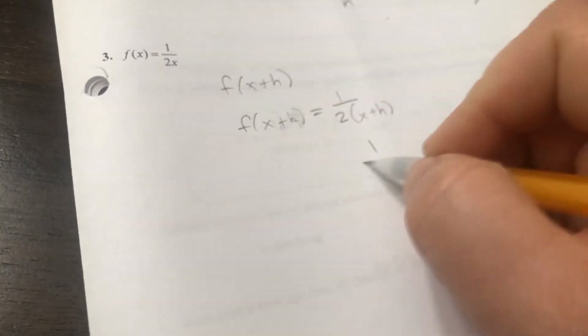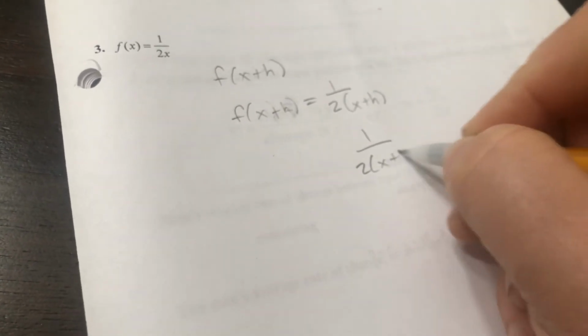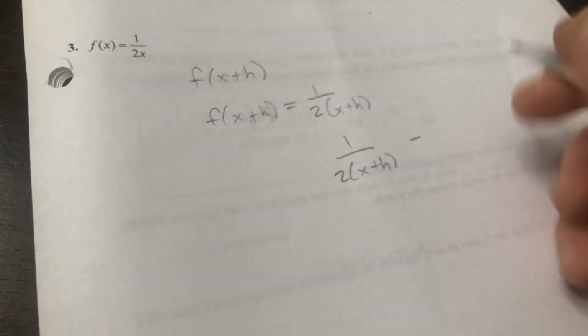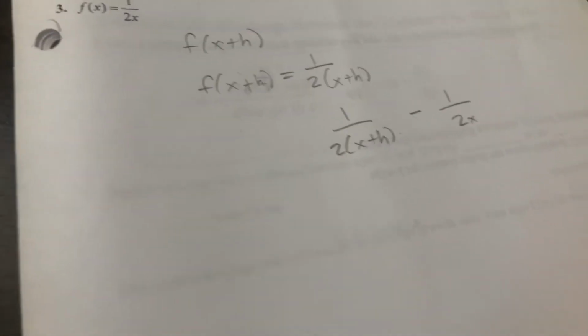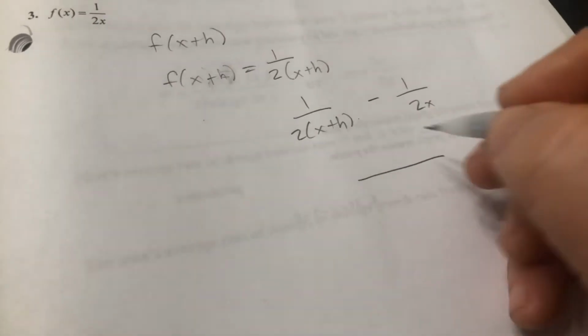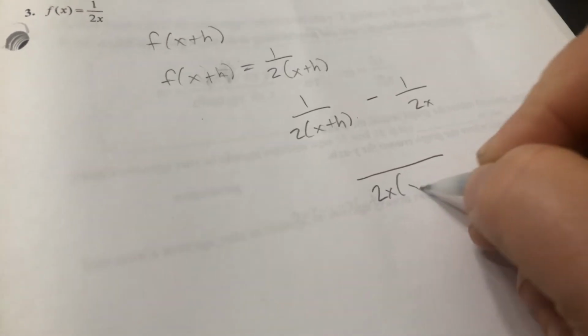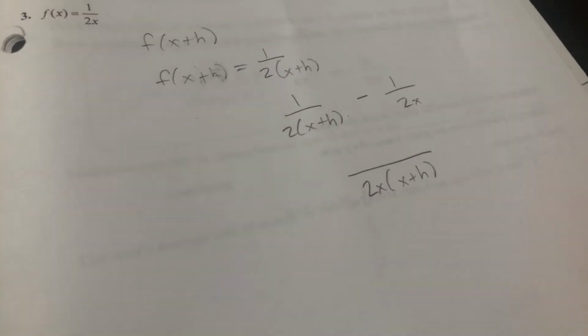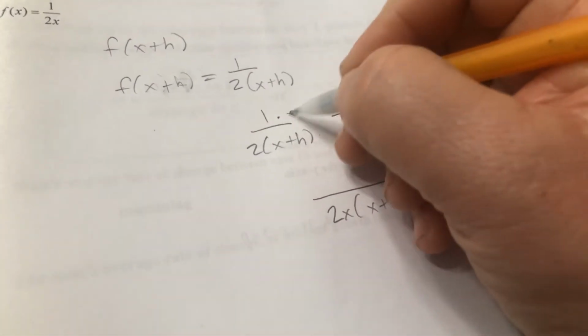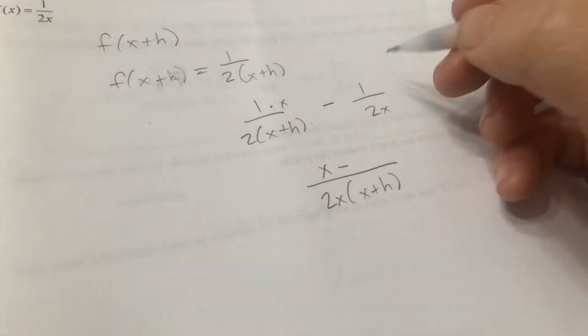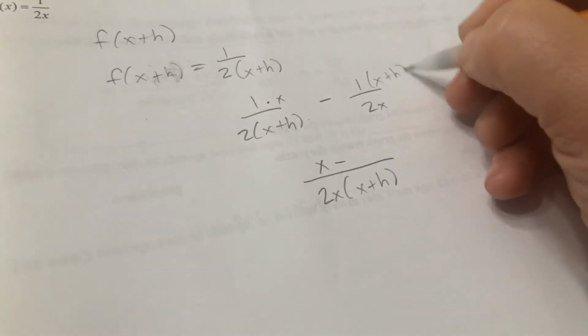So I want to take 1 over x plus h, and I want to minus f of x, which is 1 over 2x. So I need to find a common denominator of 2x times x plus h. So I'm going to need to multiply this guy by x, and I'm going to need to multiply this guy by x plus h.